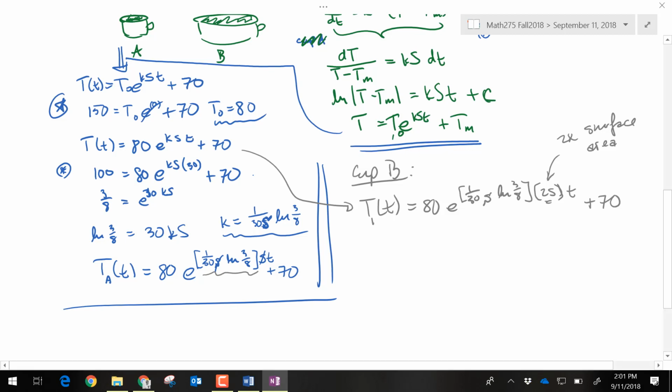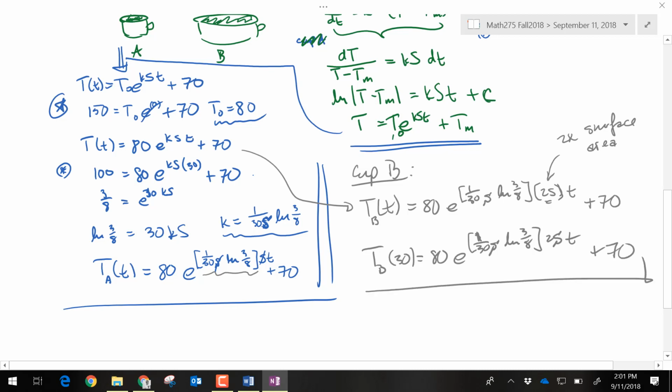So we want to know for cup B, we'll put 30 in there. And so 80 e to the 1 over 30 S ln 3/8, 2S. The S's will cancel, and then this will have an extra 2, plus 70.